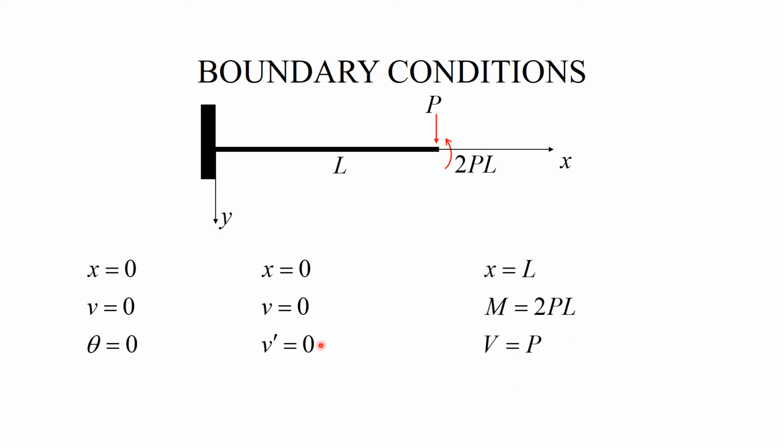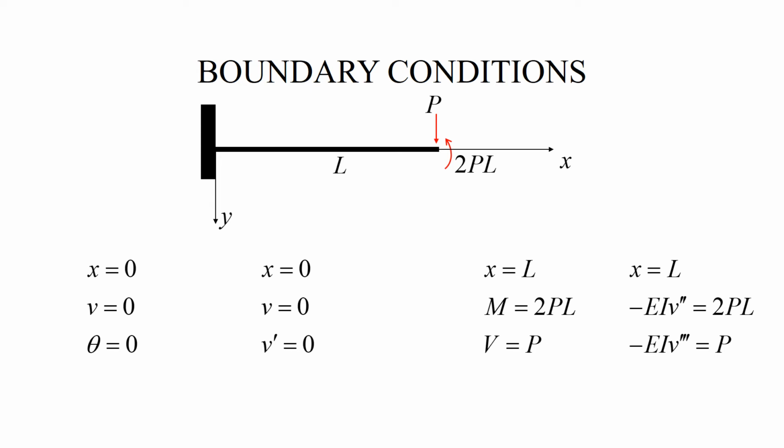At the other end, x equal to L, the physical conditions, M is equal to 2PL, V is equal to P, and this translates into the mathematical conditions where we replace M and V by these two expressions.